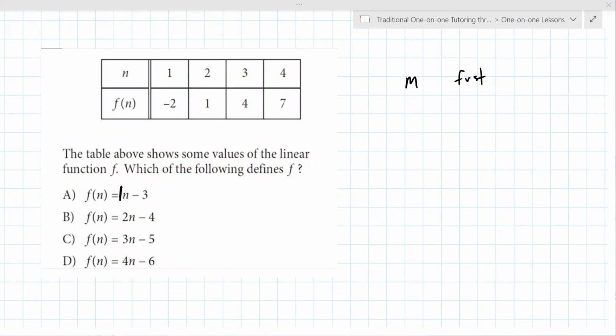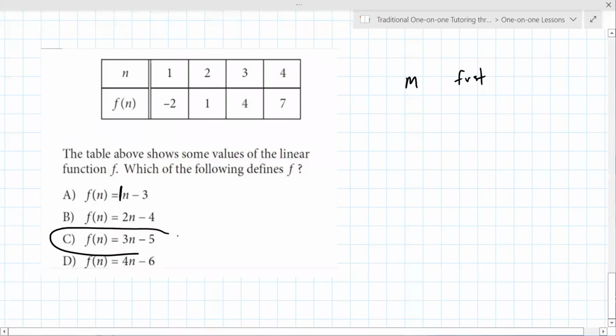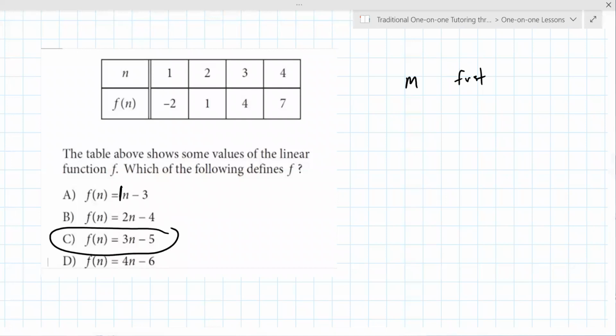Is it C? So is the slope 3? Yes. Okay. Good. So these should be more comfortable now.